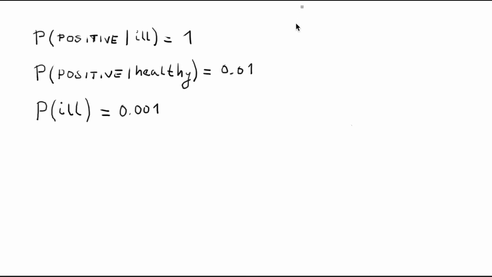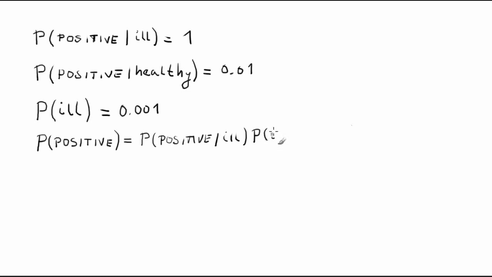The unconditional probability of a positive test result can be considered as a normalization factor for the numerator of the Bayesian formula, as we showed previously. It can be determined as a sum of two known conditional probabilities. Probability of the positive result equals probability of positive result given you are ill times probability of you being ill plus probability of positive test result given you are healthy times probability that you are healthy.